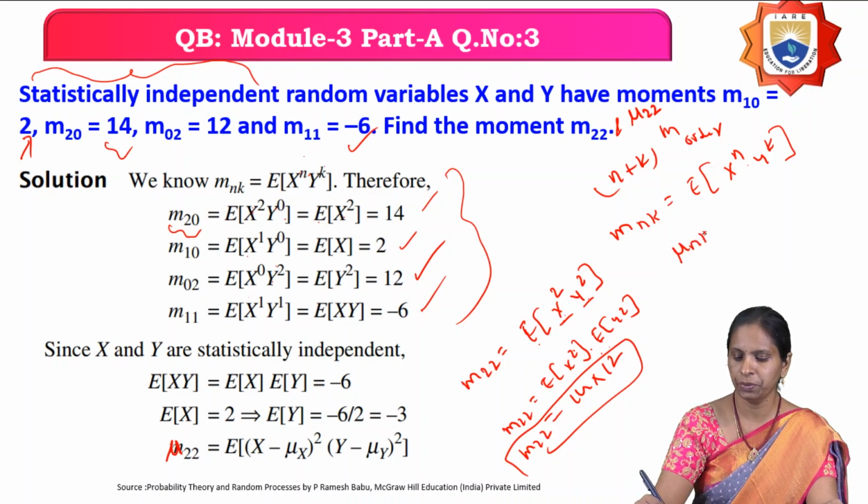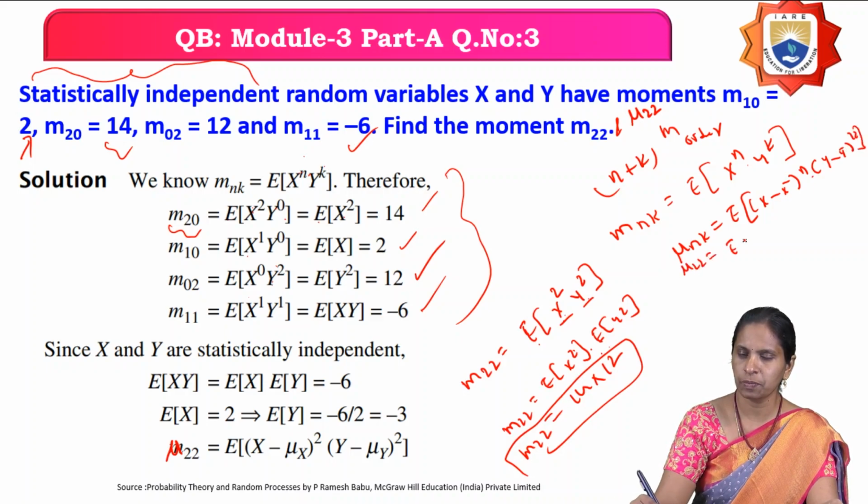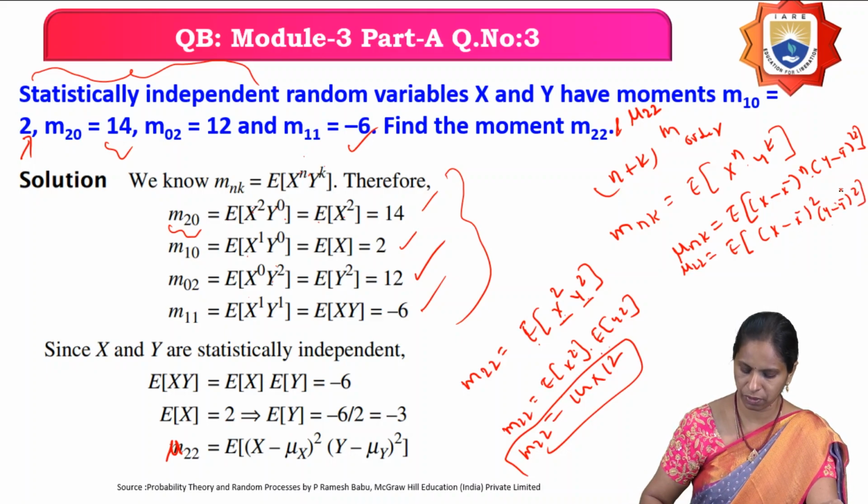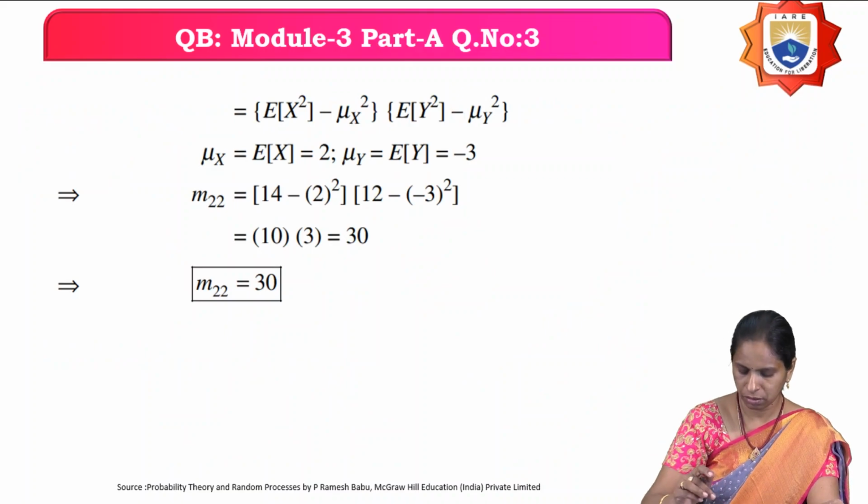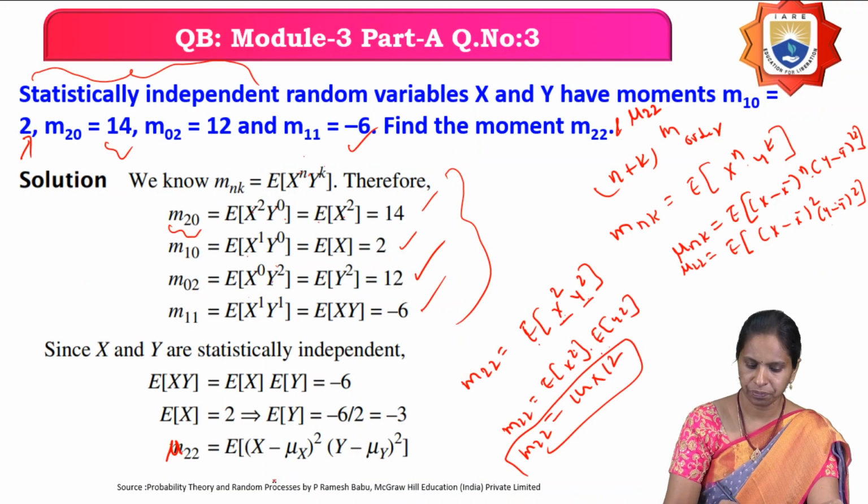Then what is that formula? Mu nk equals expectation of x minus x bar power n into y minus y bar power k. Then mu22 is obtained by substituting n value as 2 and k value also as 2. So expectation of x minus x bar whole square into y minus y bar whole square. Then you can simplify this one.